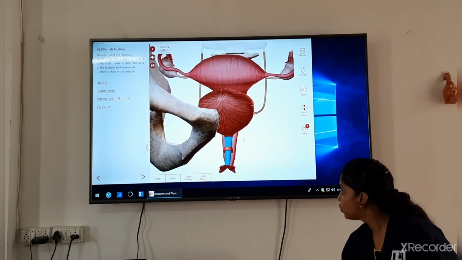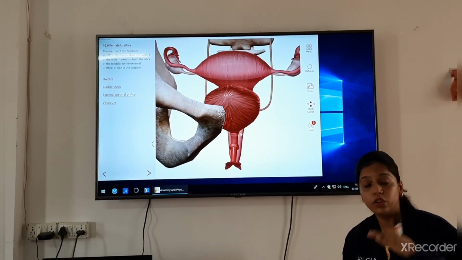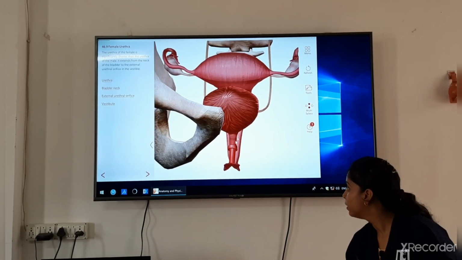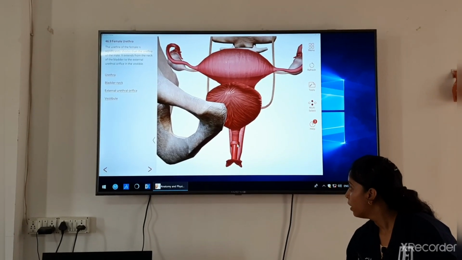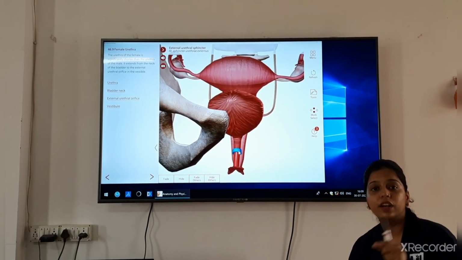First is the internal sphincter, which starts from the urethral orifice, and the other is the external urethral sphincter, this one which I am highlighting, which is a ring-like structure.